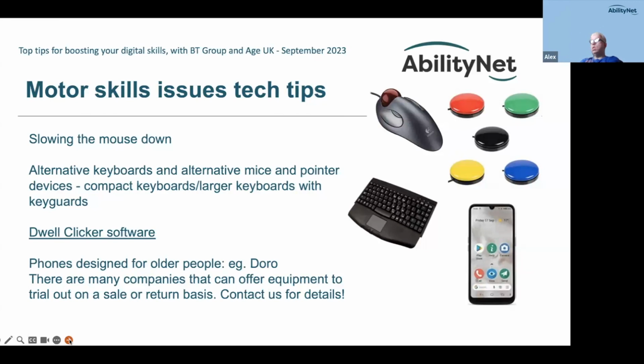We like the Doro smartphones because the Doro range has been built specifically for older people that might not want all the best bells and whistles on a smartphone that younger people do. But there are a range of smartphones for older people, and you can always contact us for more information. Can we have the next slide, please?